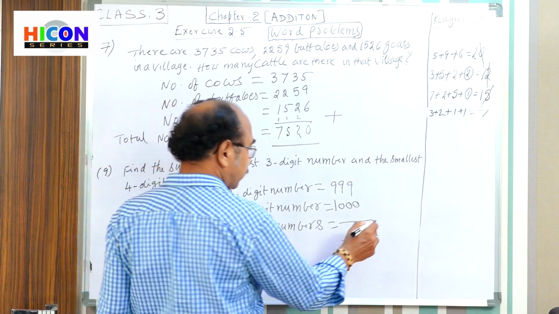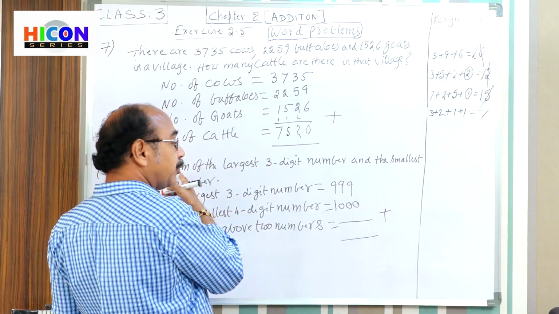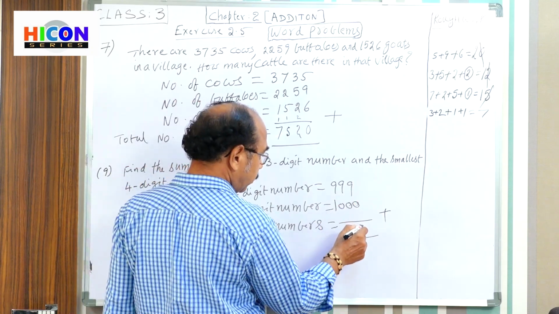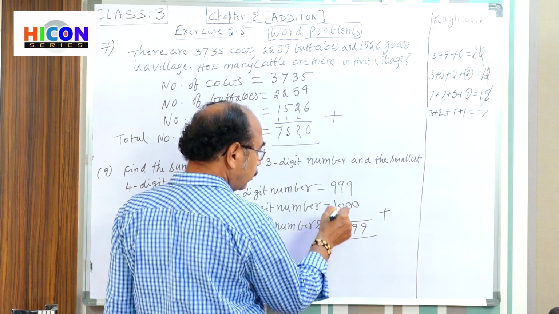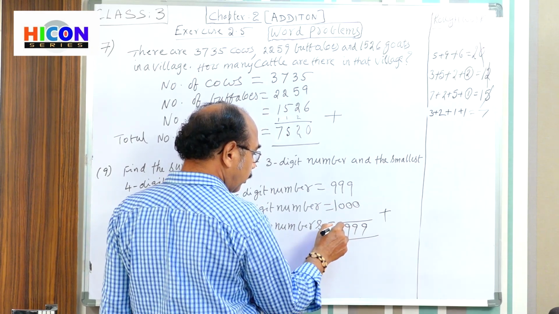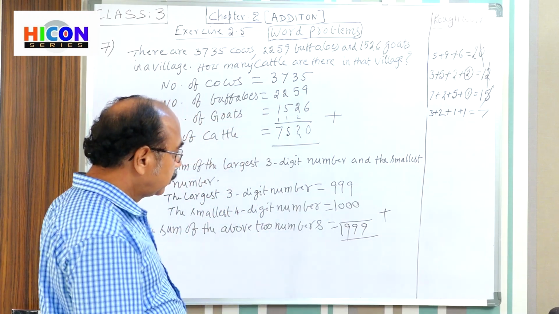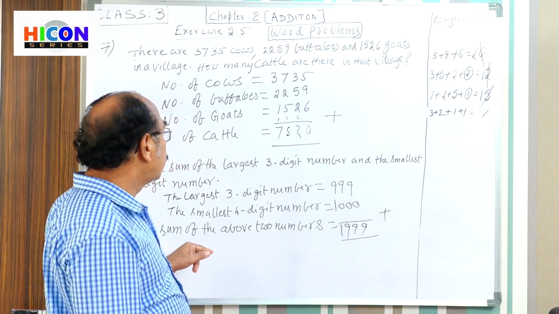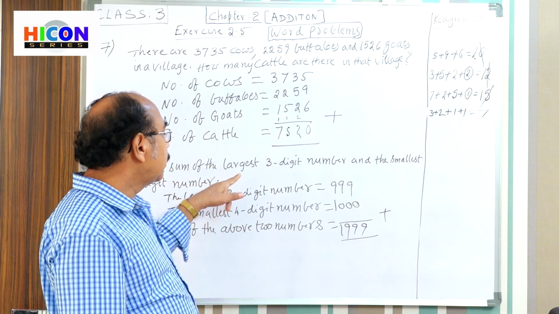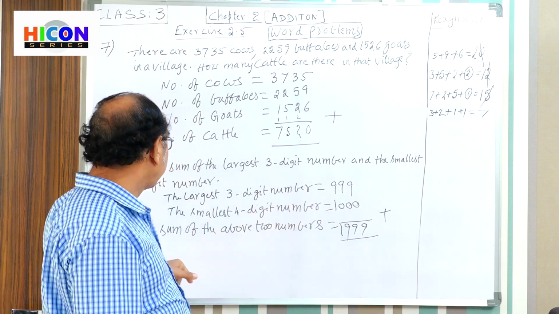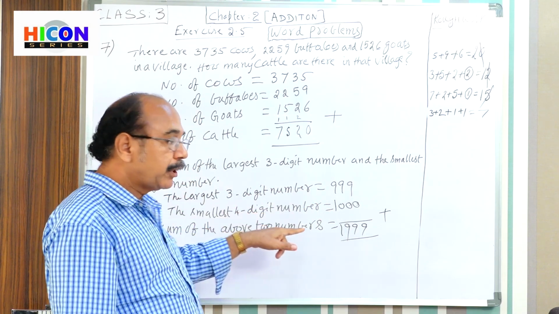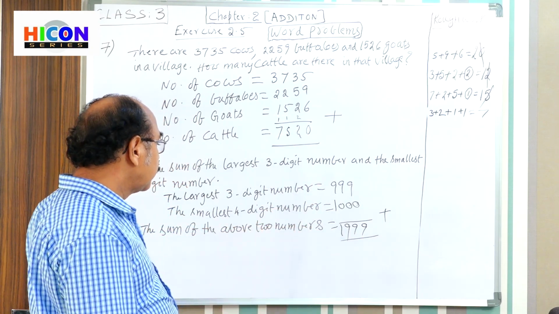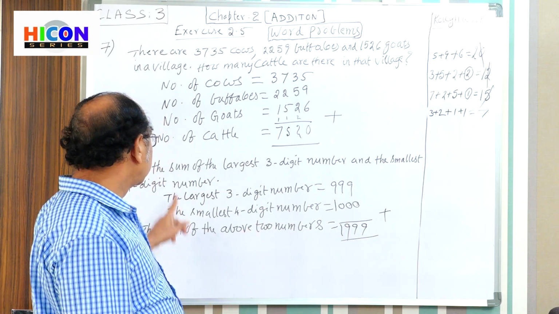Sum means addition. That's why plus here. Now 9 plus 0, 9. Here also 9 plus 0, 9. 1 is the... 1999. So, the sum of the largest 3-digit number and the smallest 4-digit number is 1999. This is the required sum.